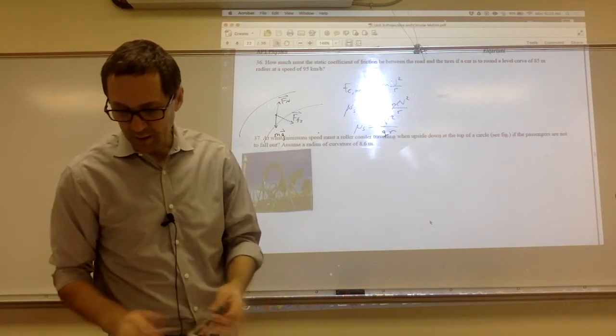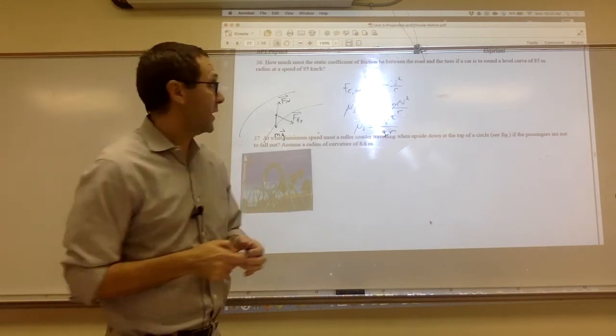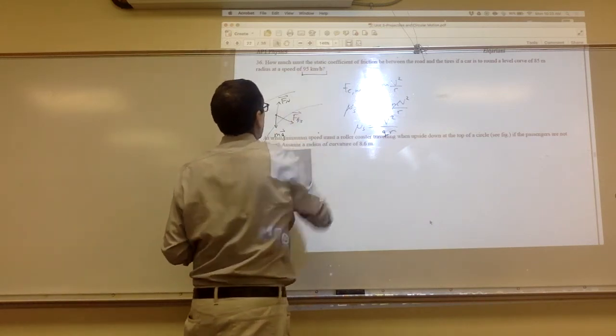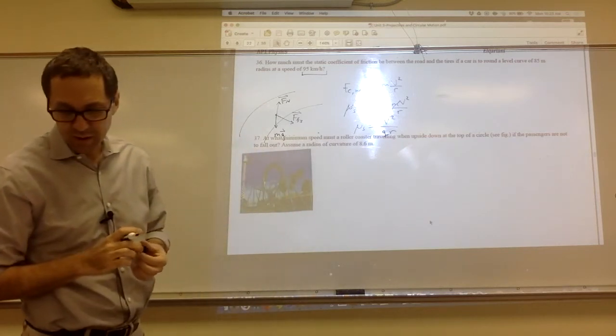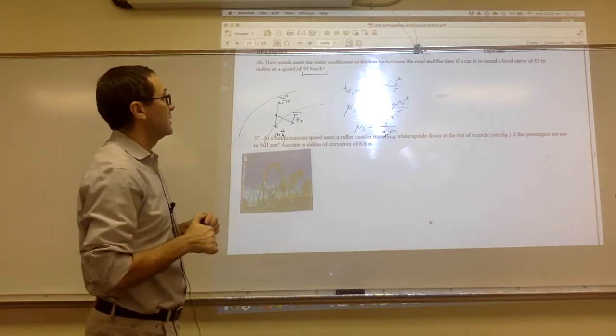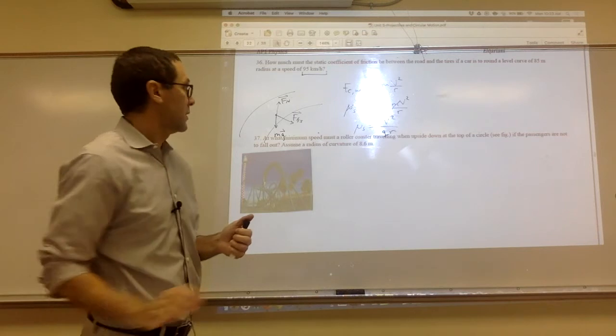If you do the math, you get 0.82 and no units. And make sure you change this 95 kilometers per hour to meters per second, which comes out to be 26.39. All right.